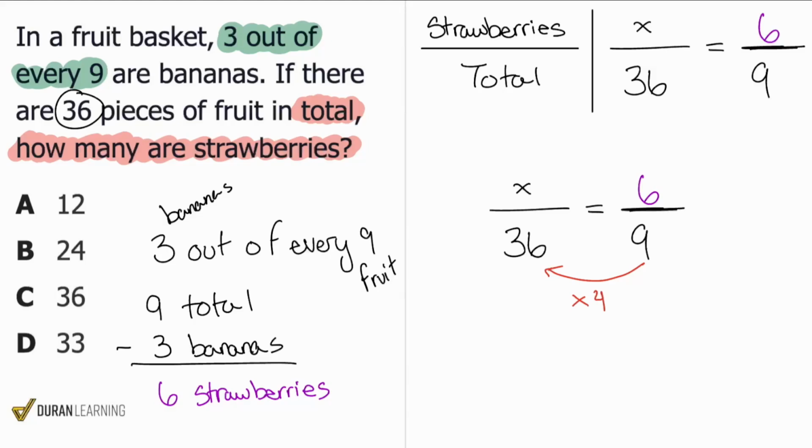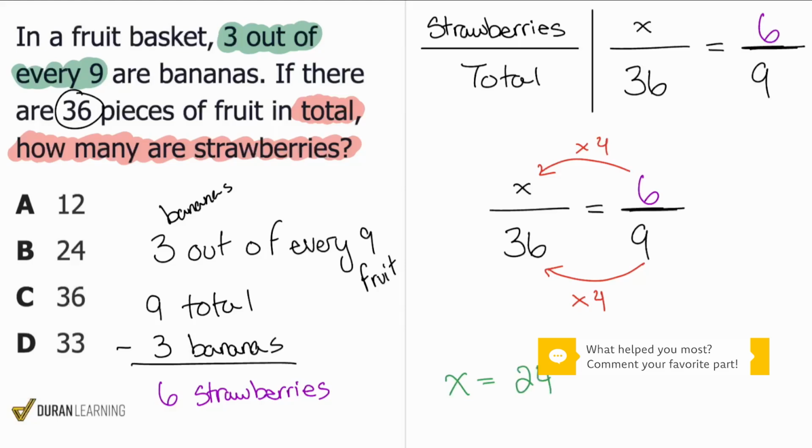And I can compare the same things in the same way by multiplying from right to left, same direction, times 4. Everyone, 6 times 4 leads us to the correct answer, which is 24. So X, the number of strawberries, equals 24. And that's why the correct answer here is answer choice B.